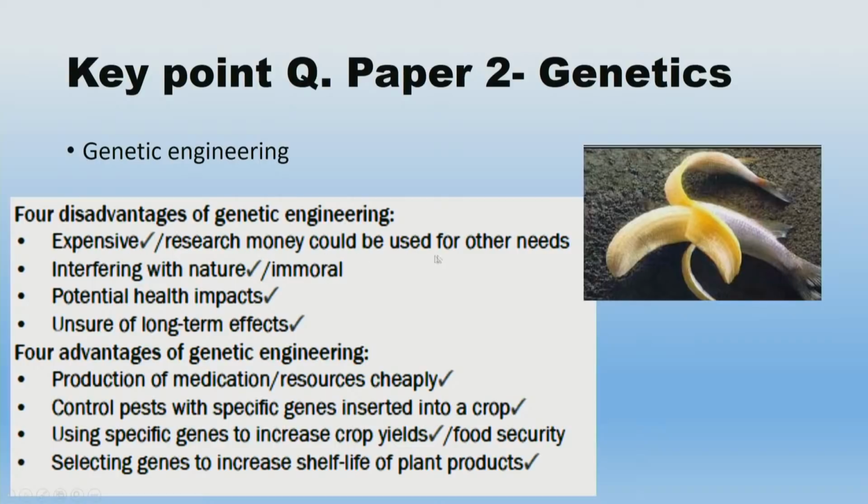Research money could be used for other needs. It interferes with nature. It's immoral, or you can't play God. There is also a potential health impact, or we are unsure of the long-term effect on nature. So any one of those you can apply to the example that is given.